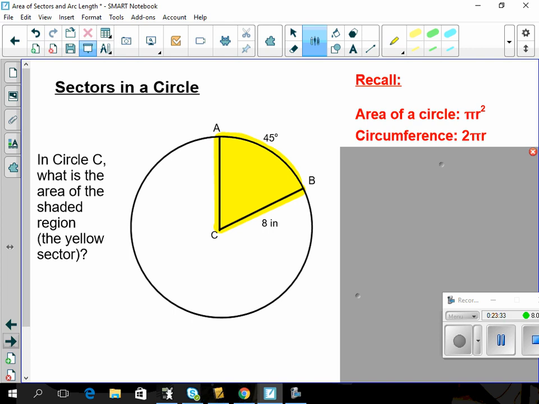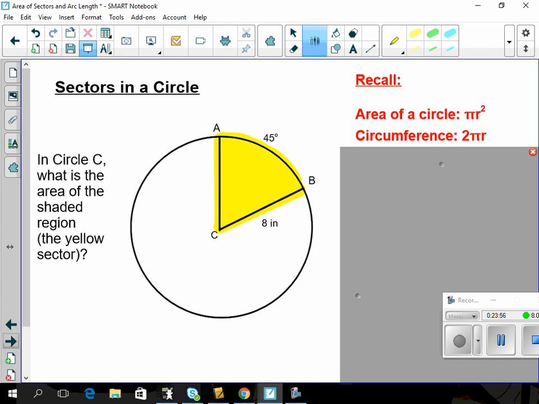Now, you'll notice you need a couple of things. When we talked about the area of a circle, what did we need? What information do we need in order to be able to find the area of the whole circle? Look at the formula. We already know what pi is, it's just a number, but you need the radius. Do we have the radius in the picture?